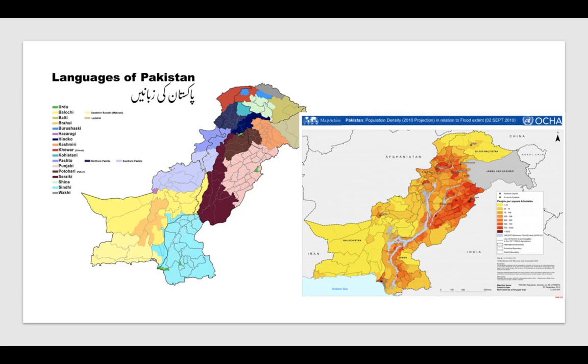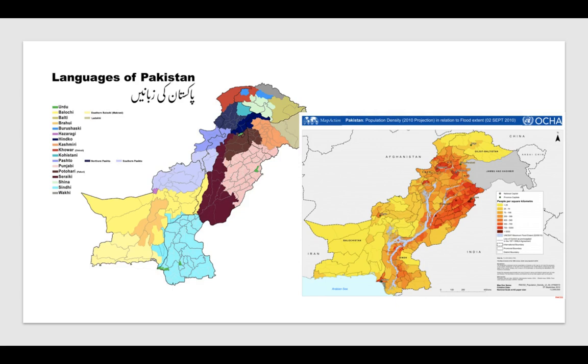Now, here we have a map that shows all the languages in Pakistan and how they correspond to certain regions. And also, I included a population density map of Pakistan, just showing what are the most crowded areas in Pakistan, so that we can see potentially what are the most known or most spoken languages in Pakistan.